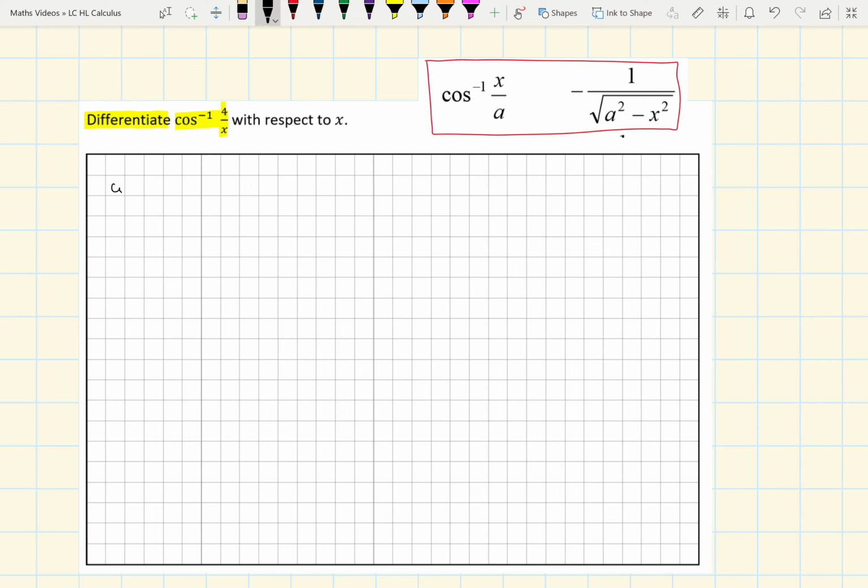First thing I'm going to do with this function, cos inverse of 4 over x, I'm going to rewrite it as cos inverse of 4 over x all over 1. My reason for that is it now fits my format of x over a.